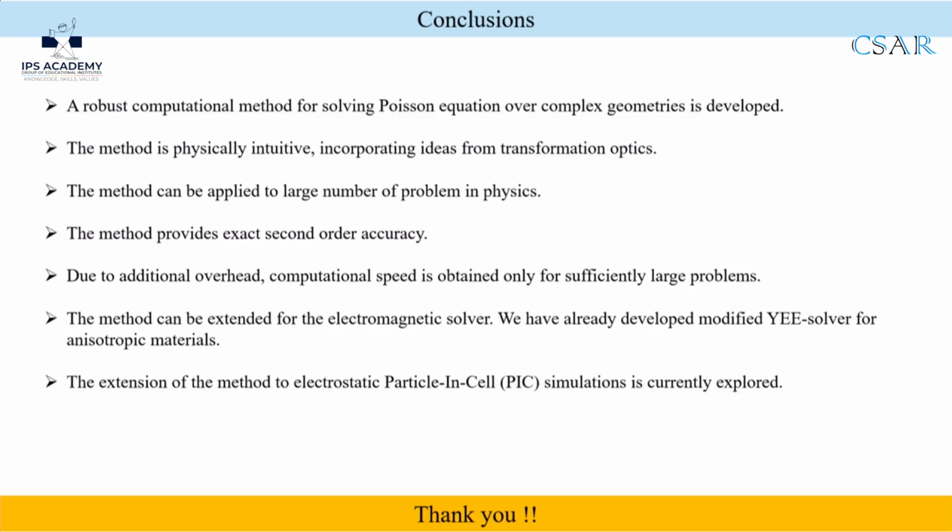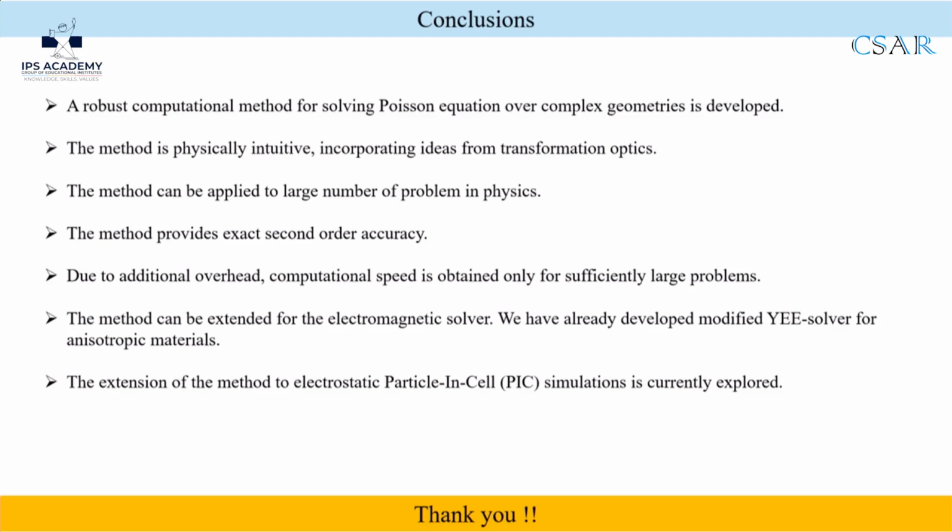Even in fluid dynamics, for incompressible flow you have to solve the pressure field equation, which is a Poisson equation again. So it could be applied there. And it provides exact second order accuracy for the L0, L1, L2, and L infinity norms. So global and local accuracies are exact second order.